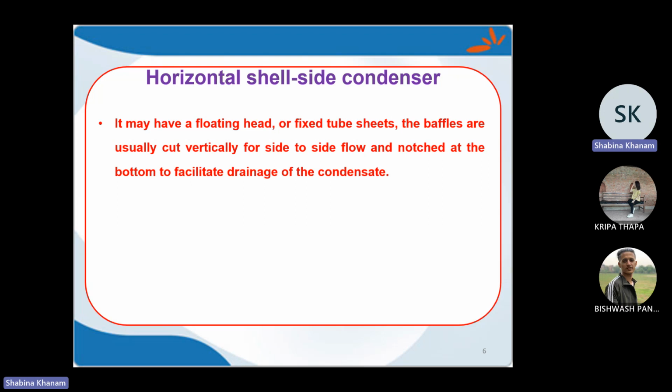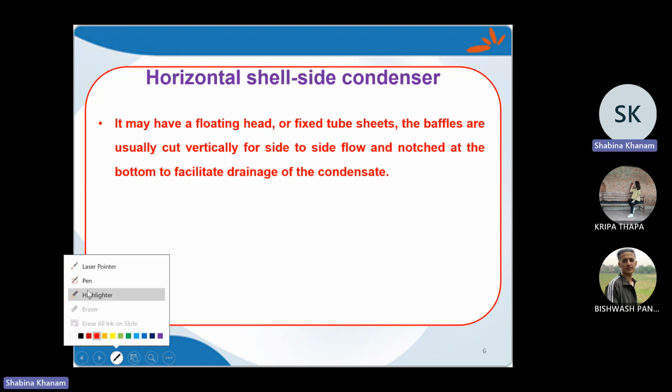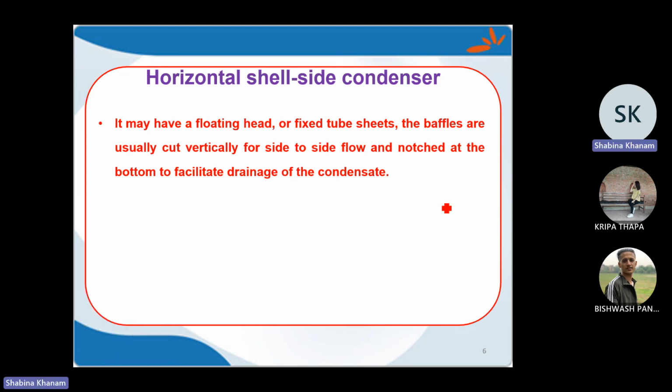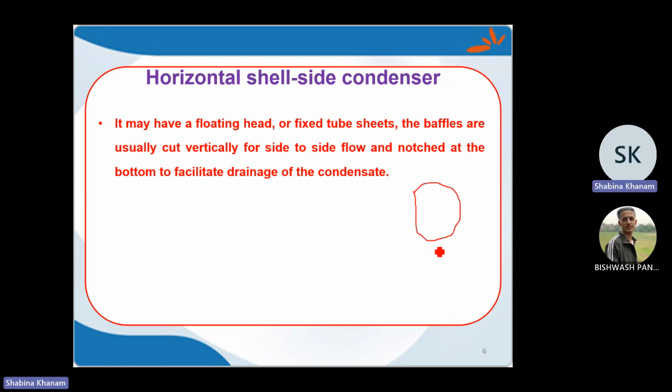For that we usually have a baffle like this. If you consider this type of cut in the baffle, here I am considering a vertical cut, and here I have a V notch.